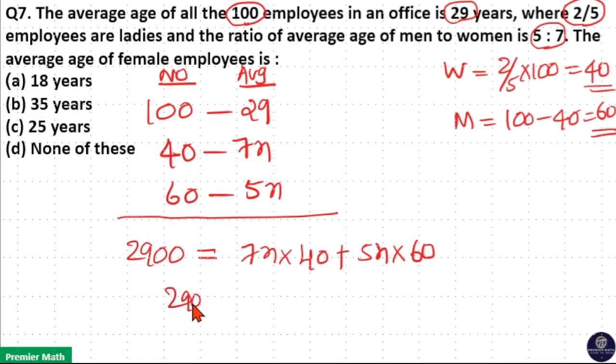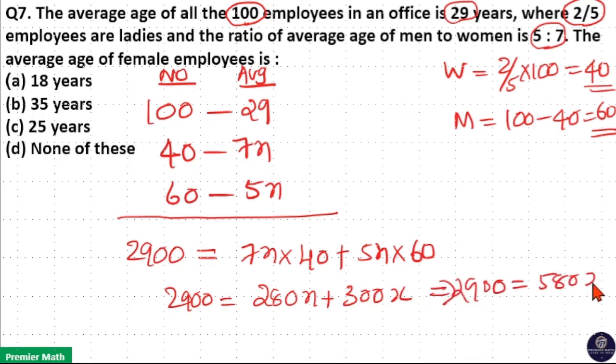Now 2900 is equal to 7x into 40, which is 280x, plus 5x into 60, which is 300x. So 2900 is equal to 580x. Now you can see 290 goes 2 times in 580, and 2 goes 5 times in 10. Now x is equal to 5. Same thing. That is why I said you can cancel the numbers here, but don't simplify the average. You can simplify the numbers because numbers cancel each other.